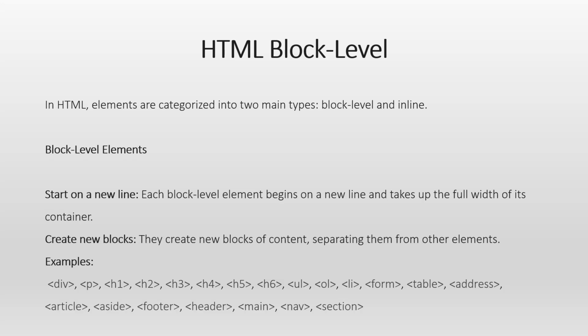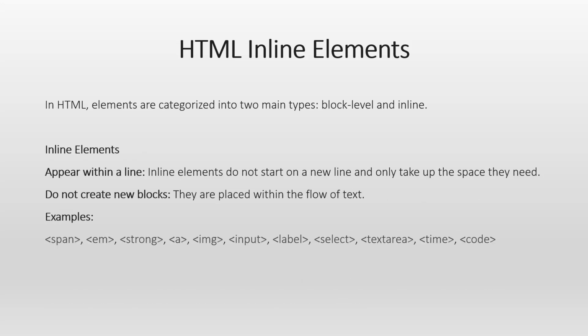After that, we also have inline elements. In HTML, as you can see, I have mentioned block elements and inline elements. Now we are going to see inline elements. Inline elements do not start on a new line and only take up the space they need. The previous block elements occupy the full width, whether the text is only 3 letters or 4 letters. They don't think like that.